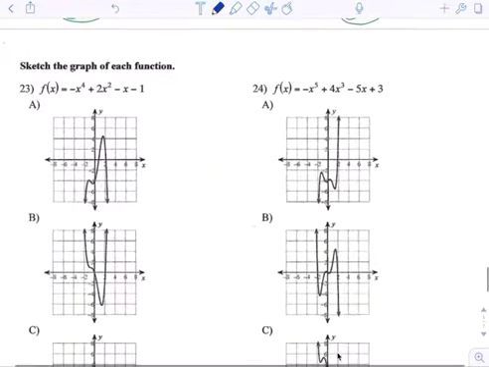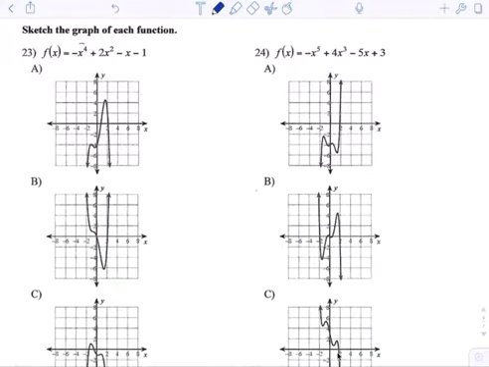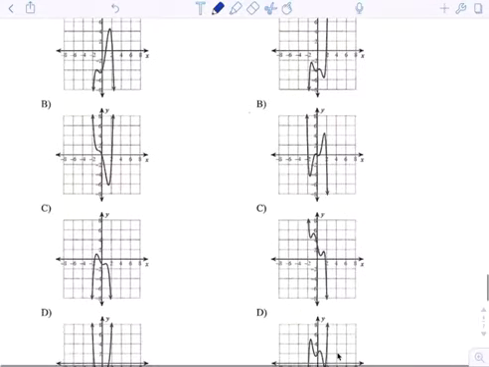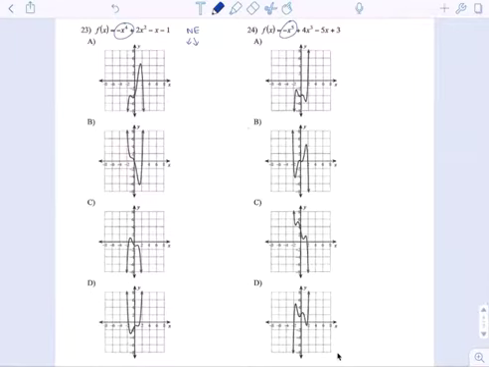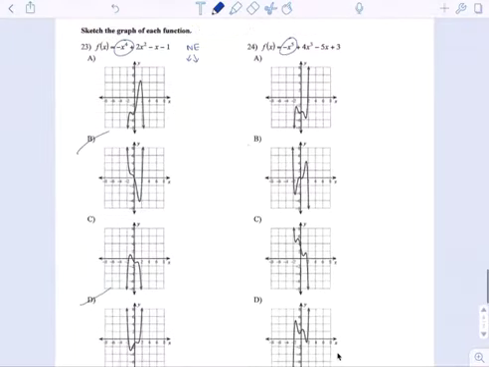And then lastly, for this one, remember, these are in standard form, so look at those. So that one's going to be negative even, which is down, down. So just look at these, right? You can eliminate this one, and you can eliminate that one.